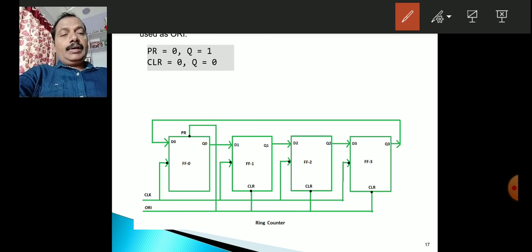Now you see the override input to make the first flip-flop preset to 1. You have to preset this first flip-flop to 1. How? With the override input. Whenever the override input is activated, this override input is connected to all clears of ff1, ff2, ff3, and it is not connected to clear but to the preset input of the first flip-flop ff0.